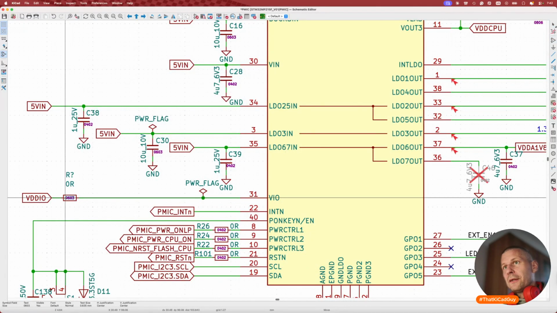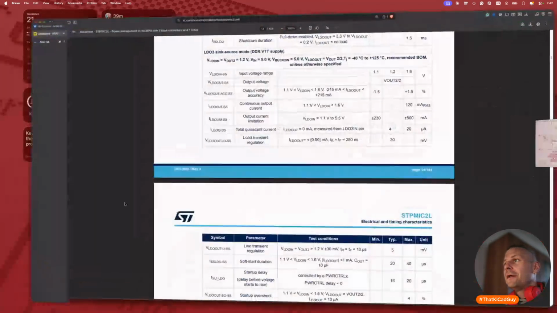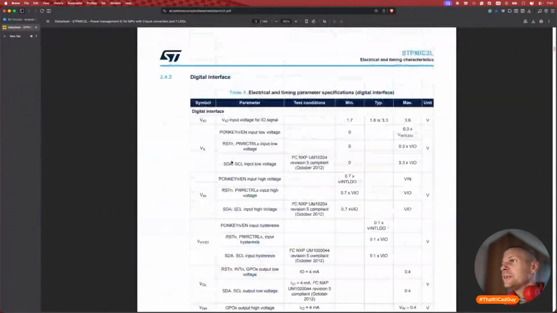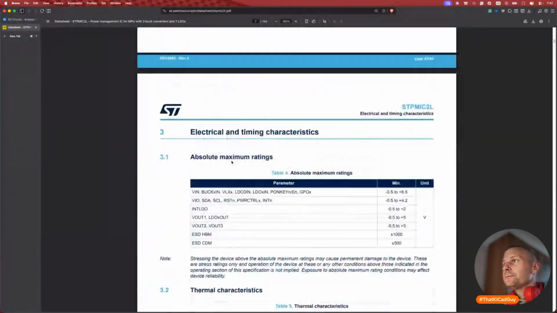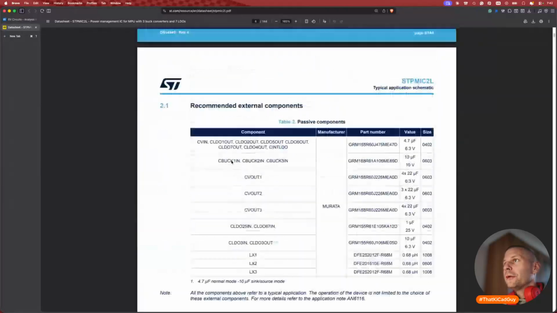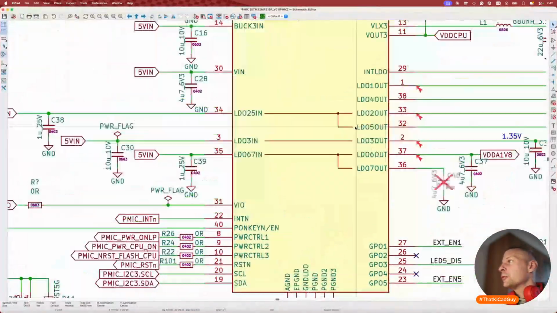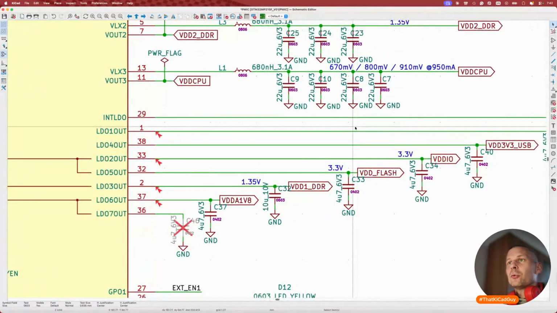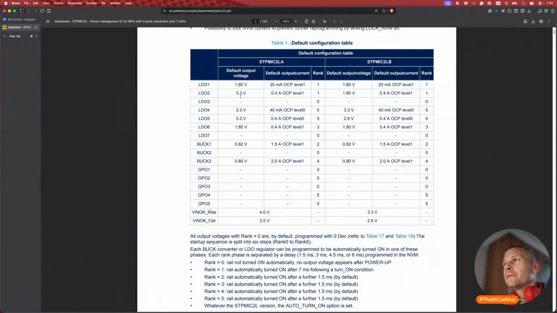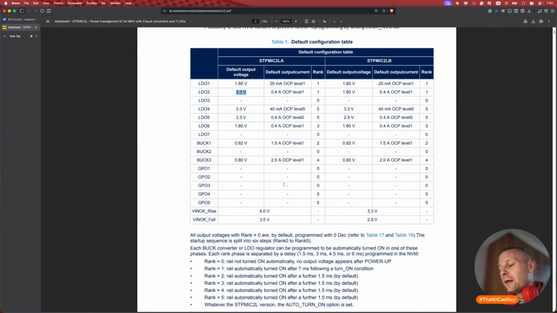It doesn't matter that the default output of the... where are the default outputs? Here. The default output of the LDO2 is 3.3, but I think you can disconnect it. Let's check it. This finding is valid if the LDO2 can be disabled from the PMIC. Let's check it.